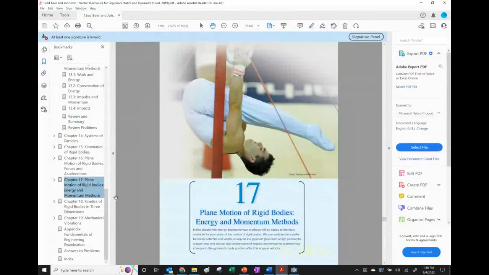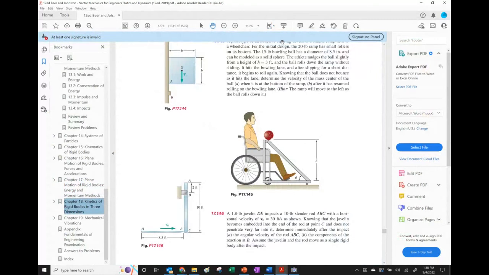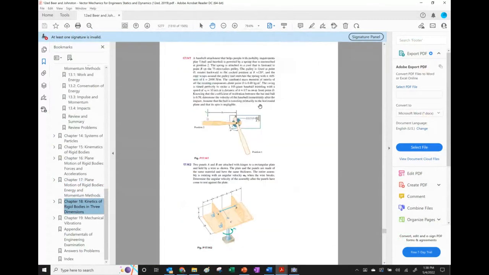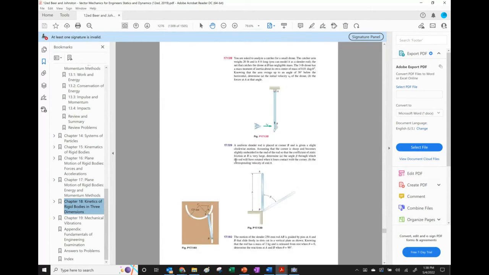Let's see, I was going to pick a problem. Some of the problems at the end of every chapter are kind of interesting because they have the review problems, right? This is chapter 17, the energy and momentum methods.